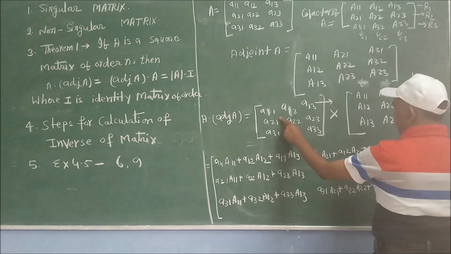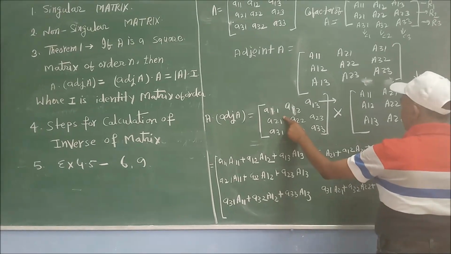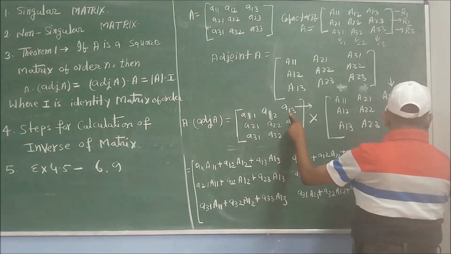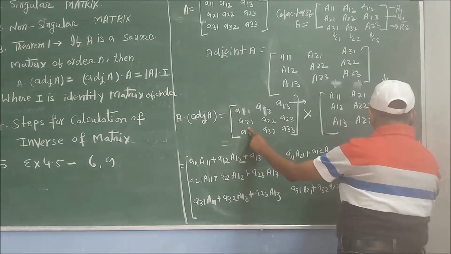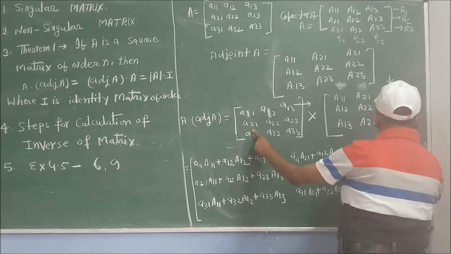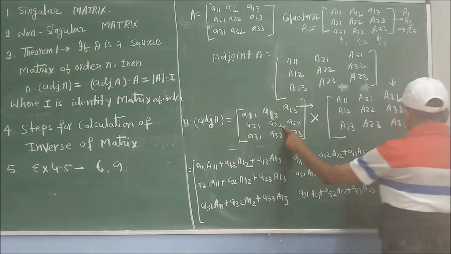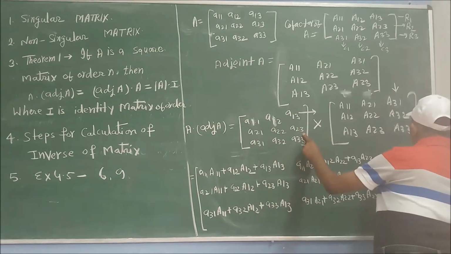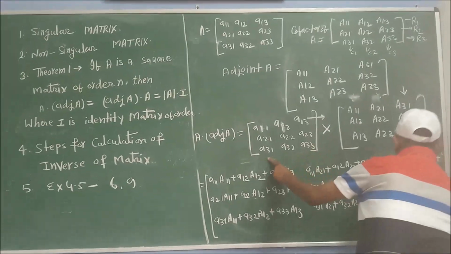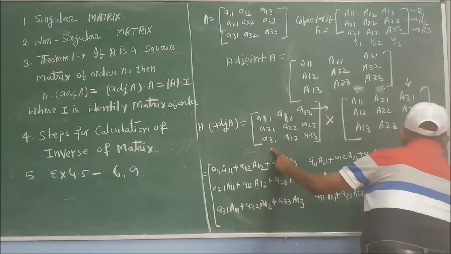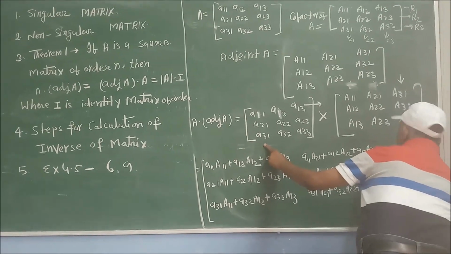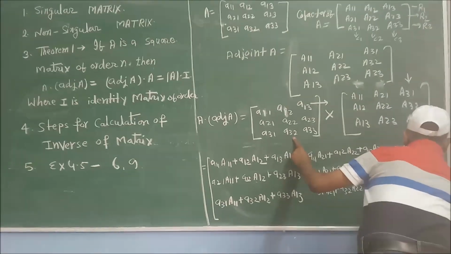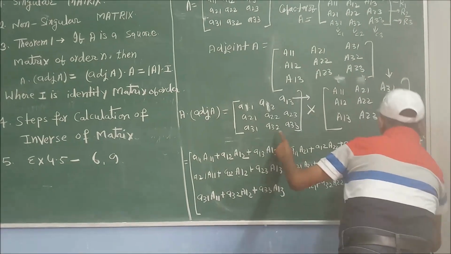This will be a11 into A31 plus a12 into A32 plus a13 into A33, and a21 into A31 plus a22 into A32 plus a23 into A33, and last a31 into A31 plus a32 into A32 plus a33 into A33.